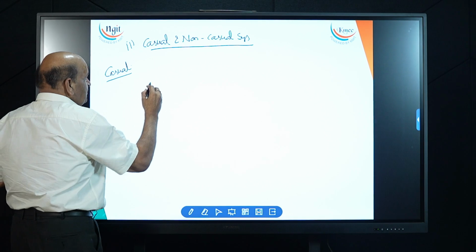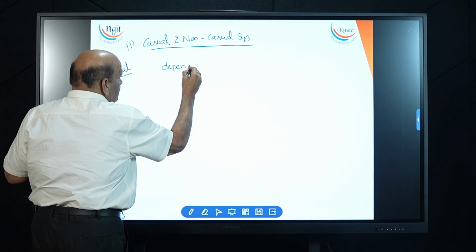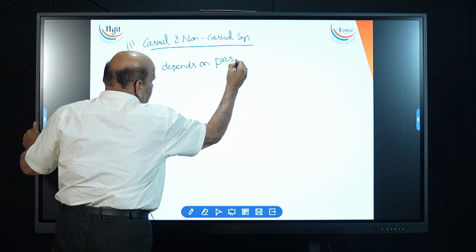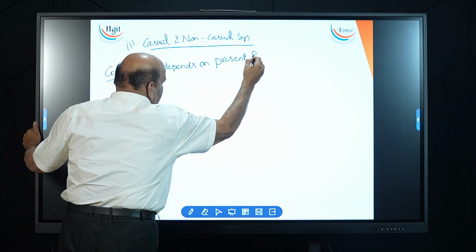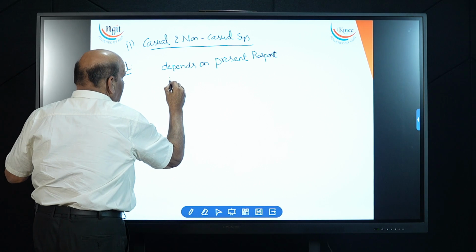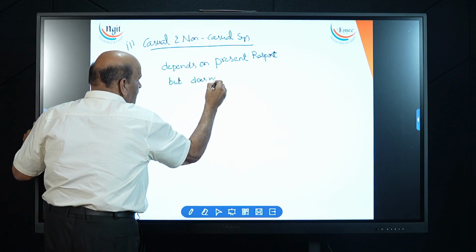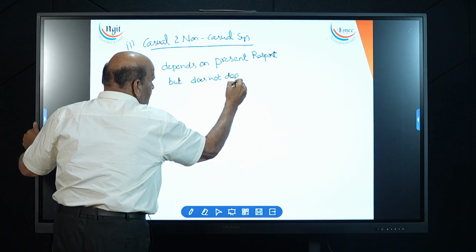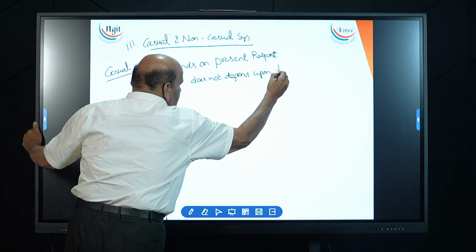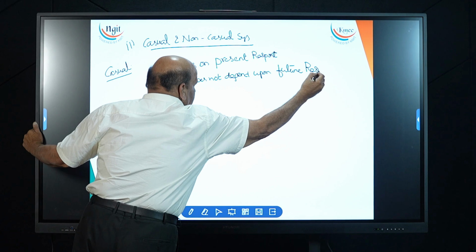So causal means a system that depends on present responses or present values, but doesn't depend upon future response.